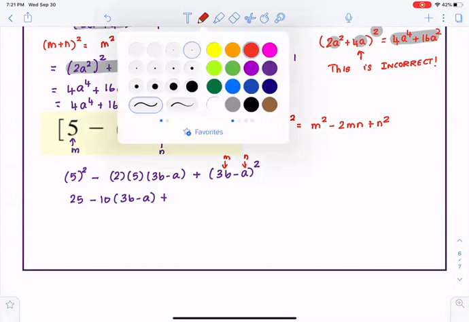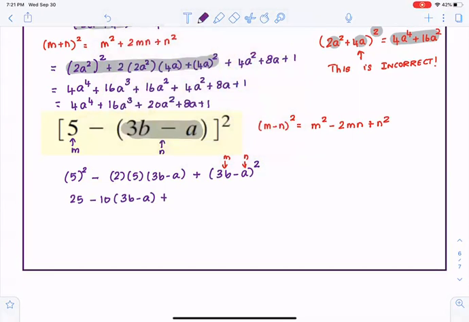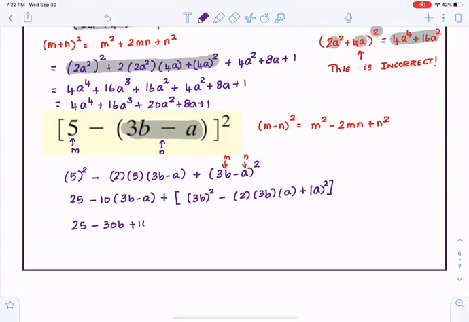So I can write that part as m squared, which is (3b) squared, minus 2 times m times n, plus n squared, which is a squared. Now I can distribute and simplify. 25. If I distribute that negative 10, I have minus 30b plus 10a.